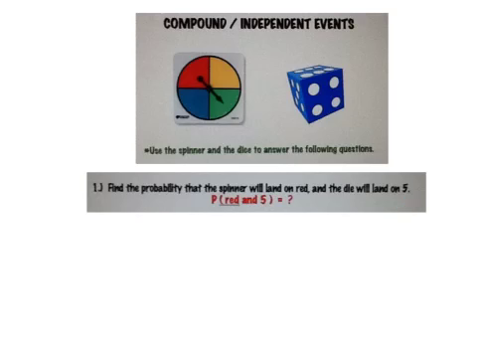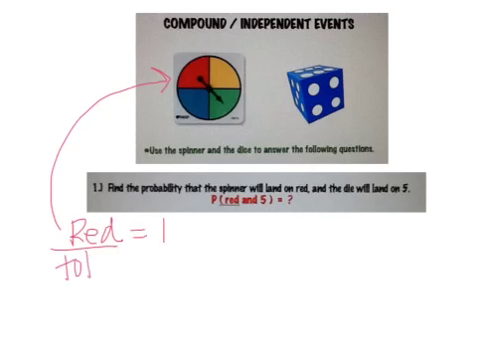So the first thing I want to do is figure out the chance of getting red. If you look up at the spinner, how many sections are red out of the total sections? So my chance of getting red on the spinner is 1 out of 4.